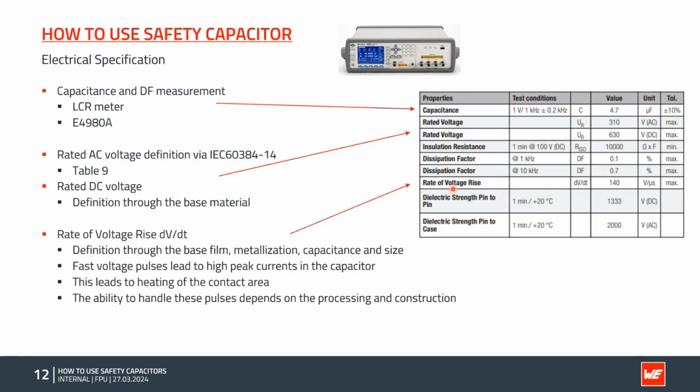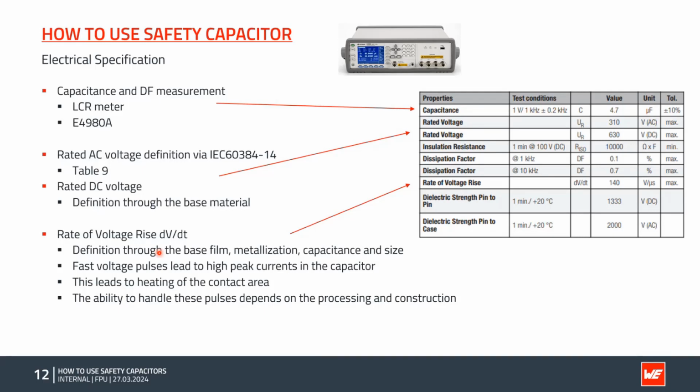Then, because it's also important, like the dV/dt, when this is too high in application, the part could get damaged. And the dV/dt is really defined through the base film, mostly about the whole construction, because of metallization, the size and so on plays a major role on it.